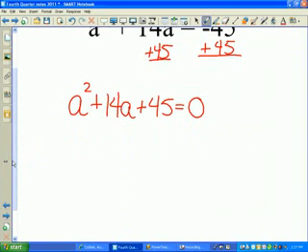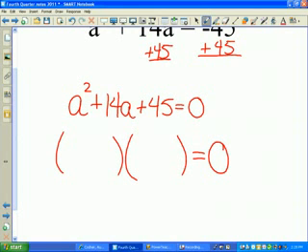So now we're taking what we just learned. My greatest common factor, again, is 1. My leading coefficient is 1. So I'm going right into my parentheses, and that's going to be equal to 0.